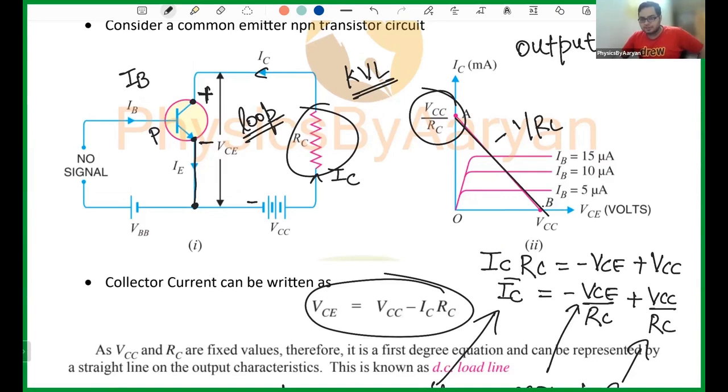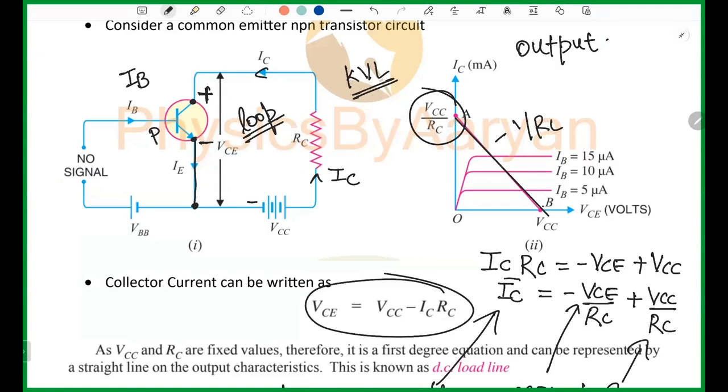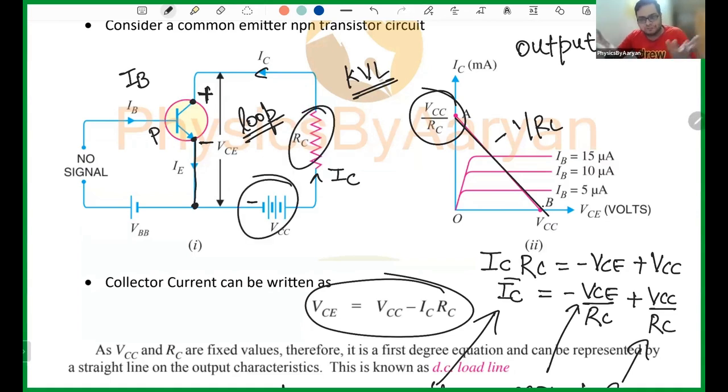You tell me. This battery is fixed. The load line depends on VCC and RC, and they are fixed, so it won't change. So if I change the input current or anything changes in the transistor, my load line is not going to change.